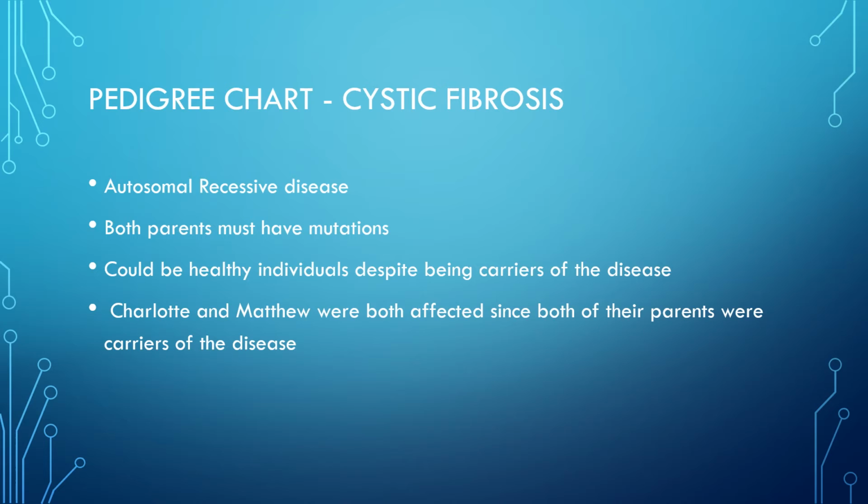The parents could be carriers of the disease, meaning they could be living perfectly healthy, normal lives without the mutation ever being a problem. As we saw in the previous slide, Charlotte and Matthew were both affected with the disease since both of their parents were carriers of the mutated genes.